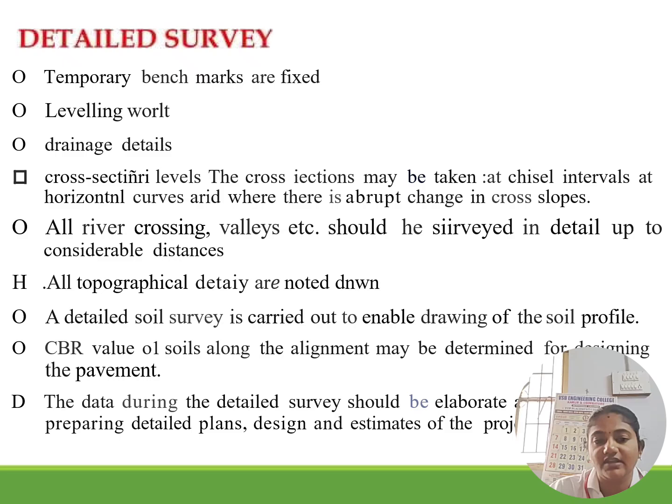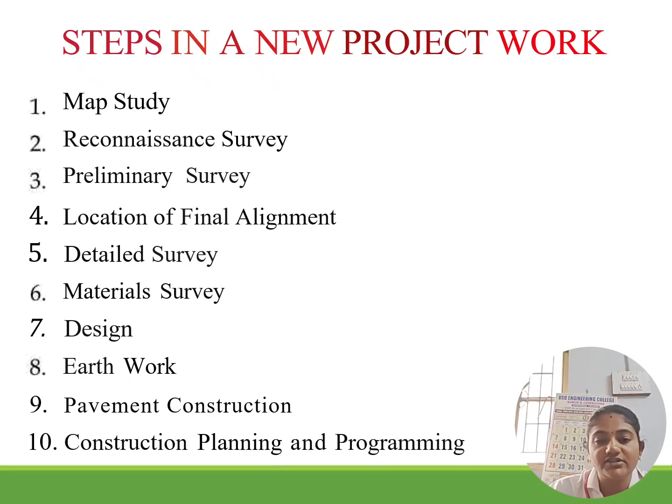Topographic details should be noted, and the detailed survey should be carried out enabling drawing of soil profile, CBR values, and the data should be elaborate, preparing detailed plans, design and estimate of the project. Steps in a new project work are map study, reconnaissance survey, preliminary survey, location of the final alignment, detailed survey, material survey, design, earthwork, pavement construction, construction planning and programming.